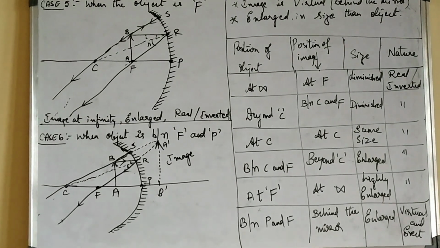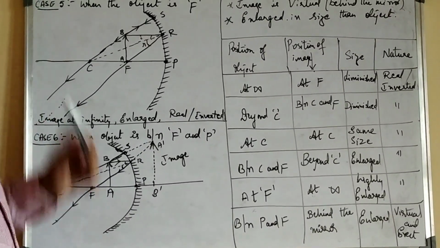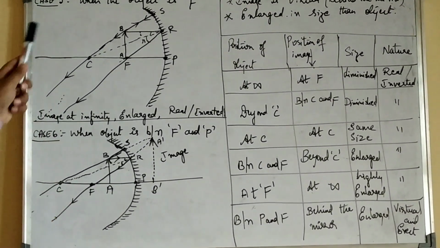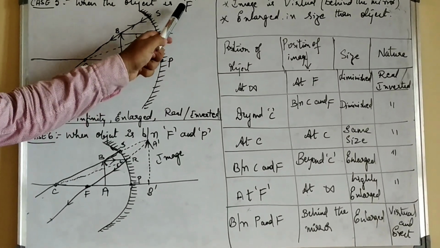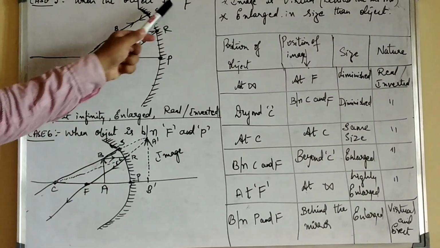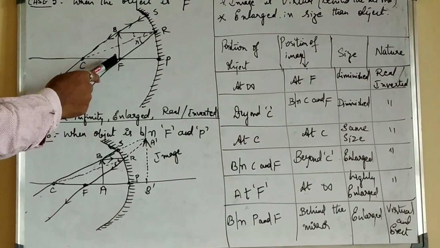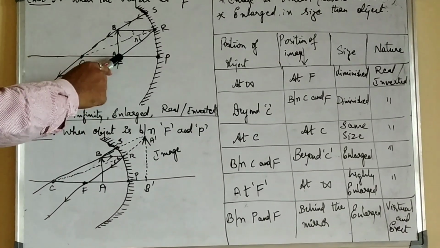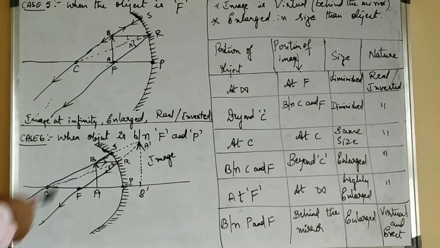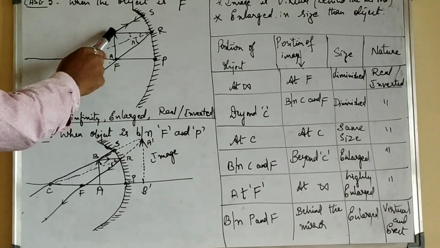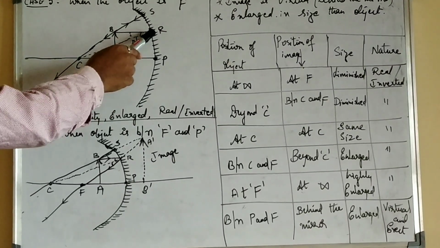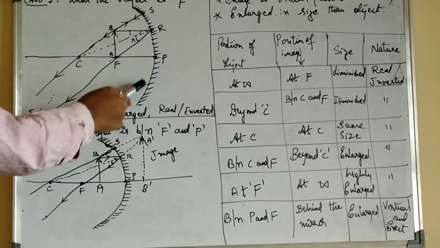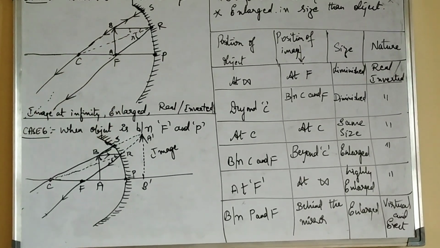Okay, students, moving further to case 5. Now we have when the object is at F, means principal focus. When the object is placed at principal focus, you can see here, AB is the object, an incident ray from B of the object is incident parallel to the principal axis at some point R along the reflecting surface of the concave mirror.